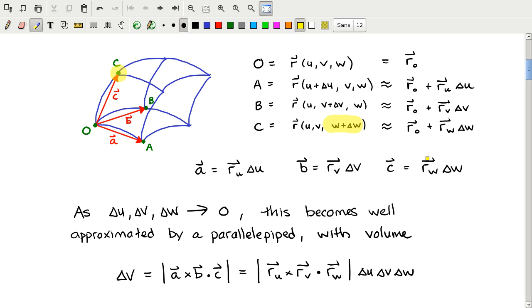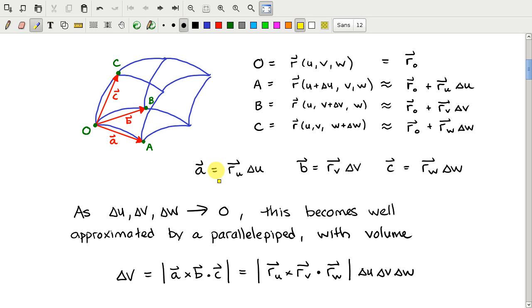Now, let's also label the differences between the points A and O, B and O, and C and O as vectors: little a, little b, and little c vectors. And little a is going to be the point A minus the point O, and they each have a common term r sub 0, which will cancel, and we'll be left with just r_u, partial r with respect to u, times delta u, approximately.